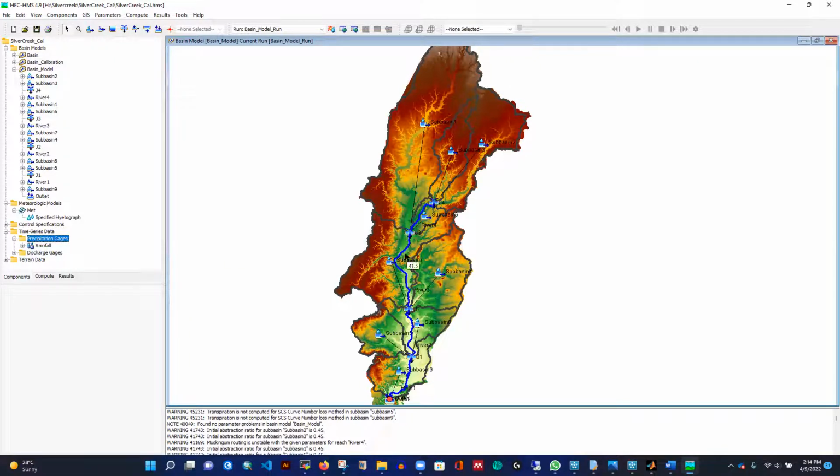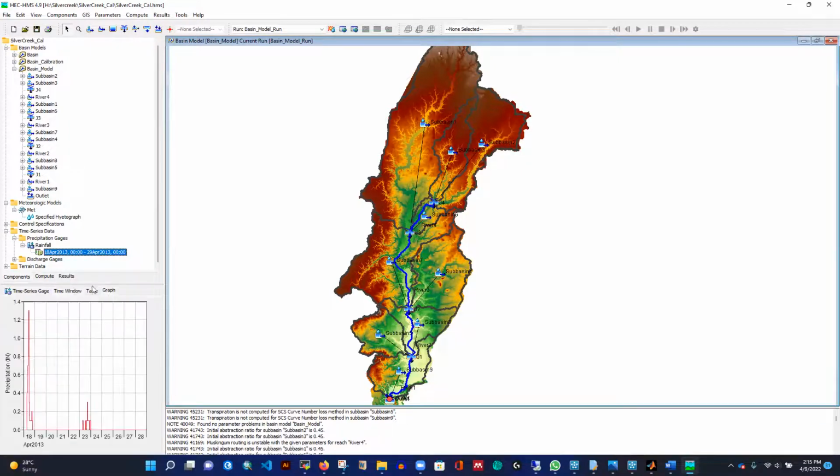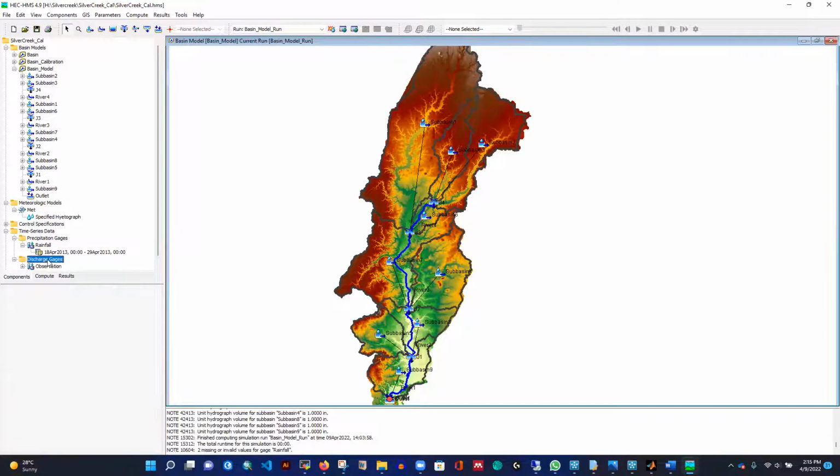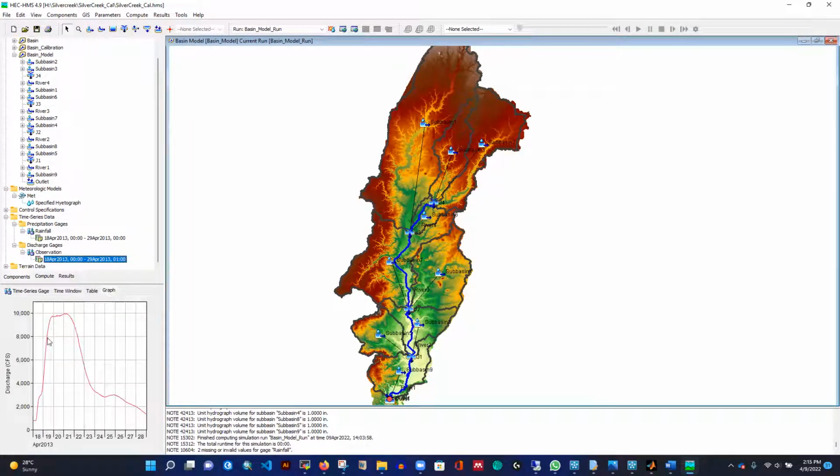So that is another challenging task to calibrate the model, and you can see that this is my graph, the rainfall data I have here. I have rainfall depth in inches, and I have this kind of shape. Basically, this is an event-based model. And for observation, I have the discharge, and you can see the plot is like that.